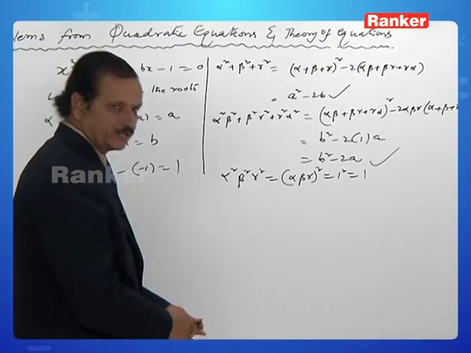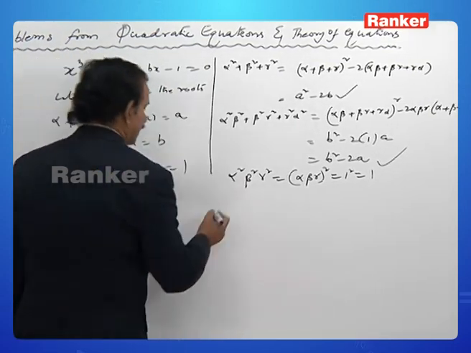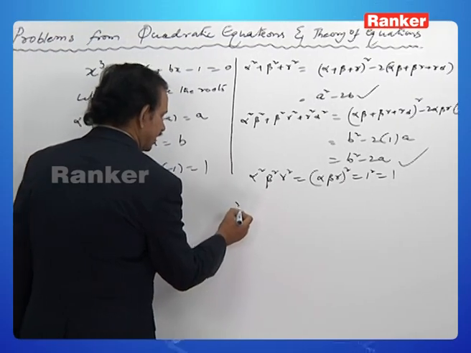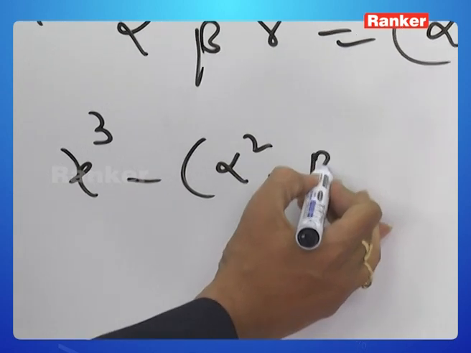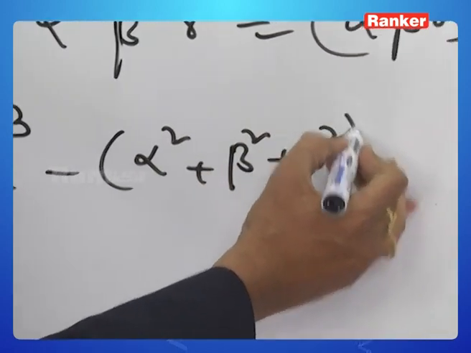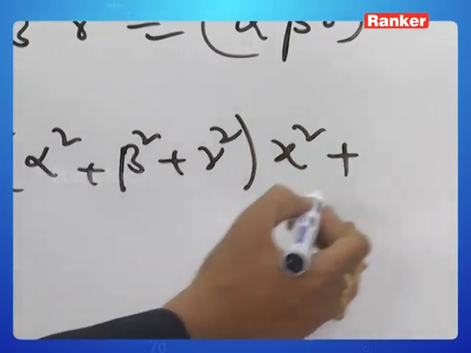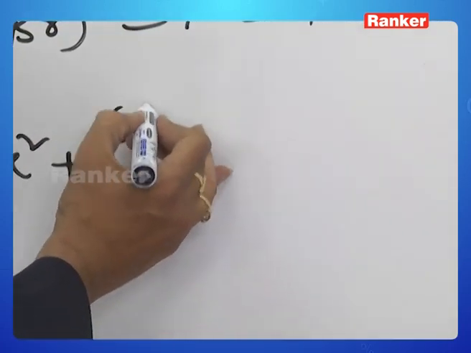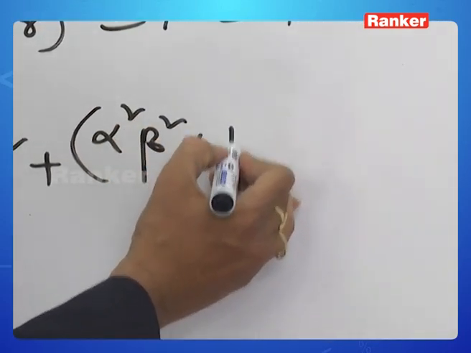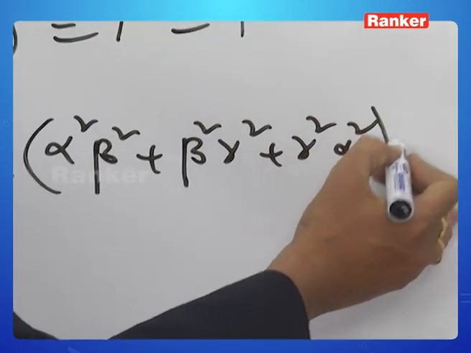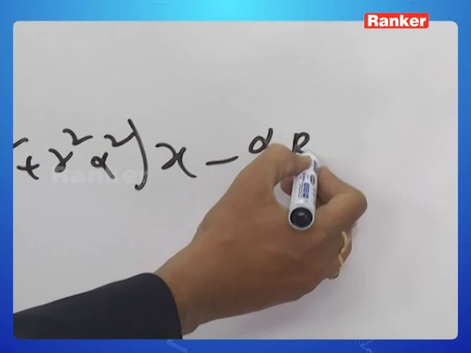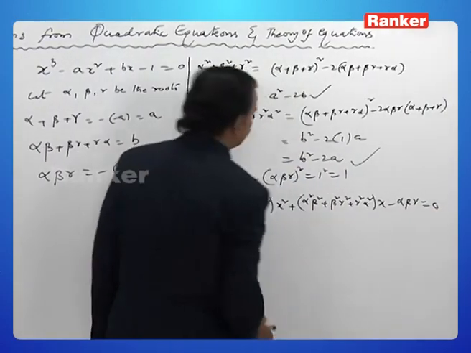Let us form the equation whose roots are alpha square, beta square and gamma square. What is that? x cube minus alpha square plus beta square plus gamma square into x square plus alpha square beta square plus beta square gamma square plus gamma square alpha square into x minus alpha beta gamma is equal to 0.